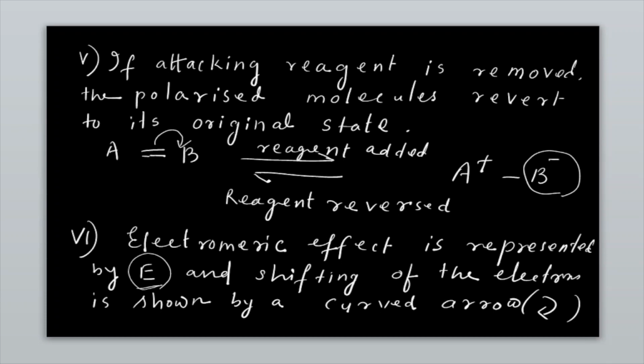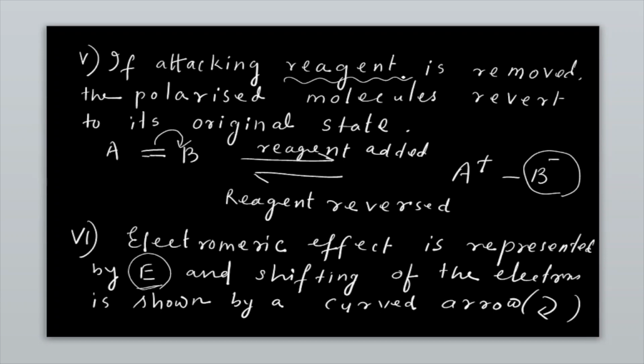When the attacking reagent is removed, the reverse reaction takes place, and it comes back to the original state, that is A double bond B. Are you clear?